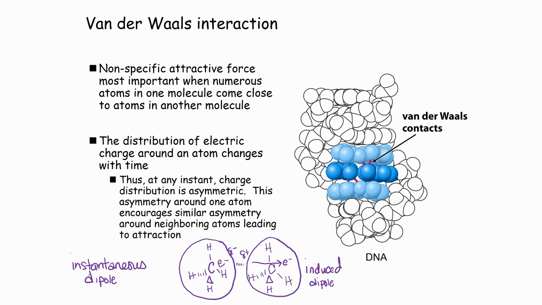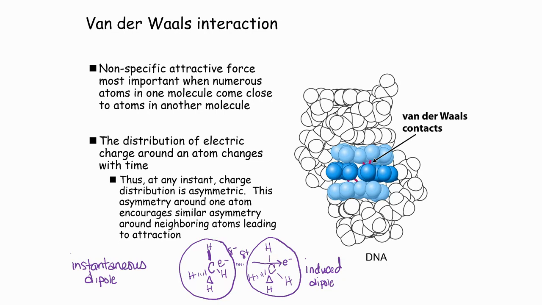These are intermolecular forces because it's the attraction between molecules. I'm not talking about the bonds themselves. So here I'm highlighting a covalent bond. I'm not talking about that. I'm talking about the attraction between two molecules. So the distribution of electric charge around an atom changes.